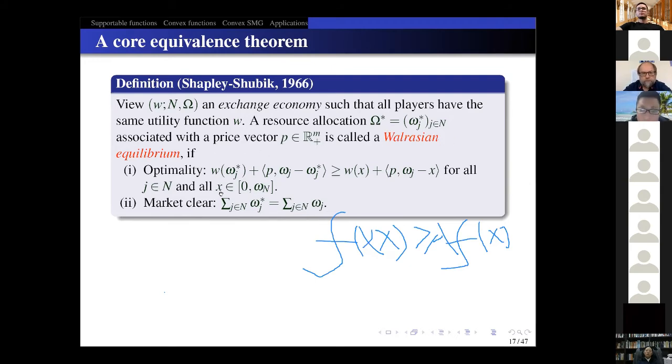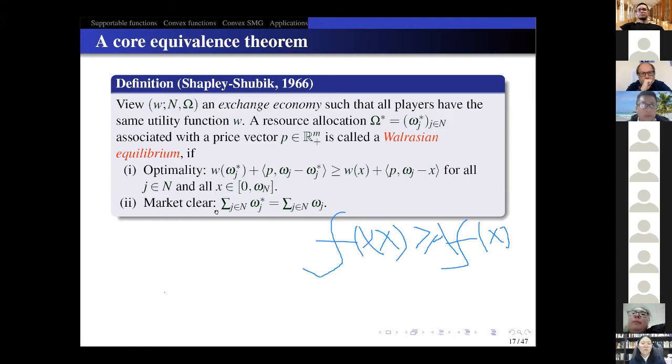If it satisfies this optimality condition, that is, each player considers how much resource to consume given the price P to maximize its quasi-linear utility function, and he or she may find that this omega J star is his optimal consuming quantity, so long as the domain of this optimization is that it is non-negative and it does not exceed the total endowment of the whole society.